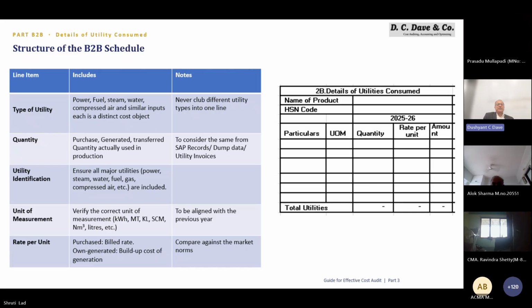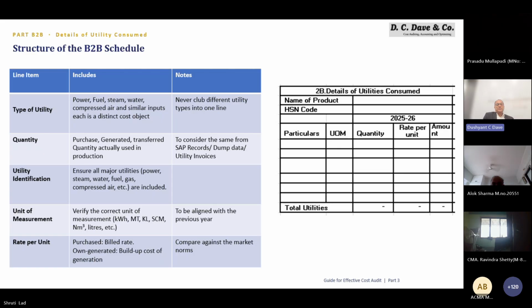Has auxiliary power consumption been deducted? Have transmission losses been considered? And also whether the interest on the capex incurred in setting up the power generation plant has been considered. So these 4 or 5 costs should be added to that 5 rupee 40 paisa, and then that should come below the purchased power of 8.